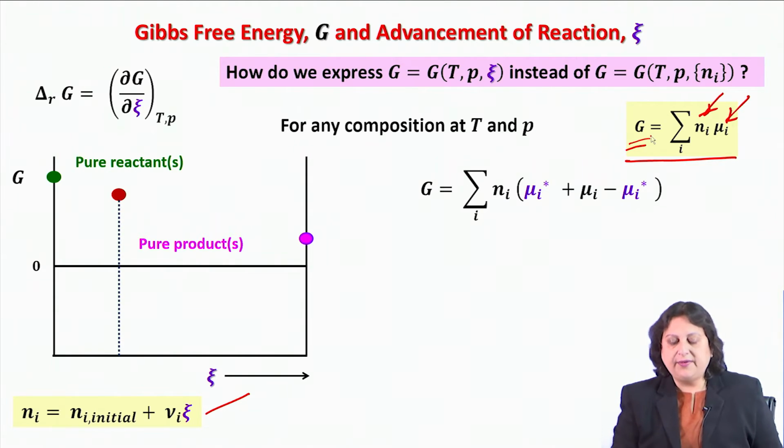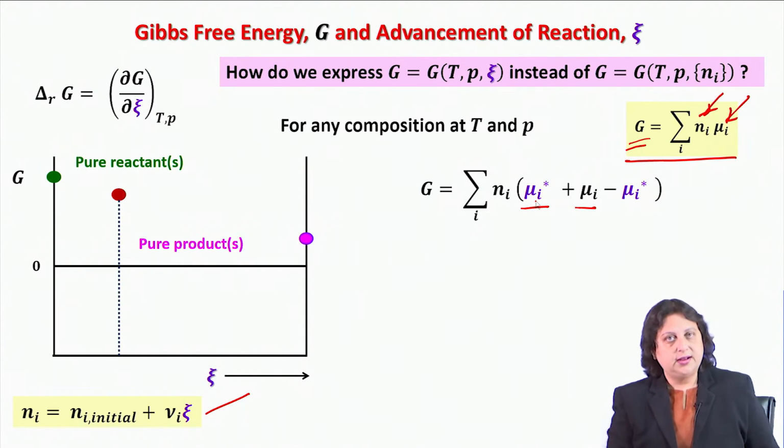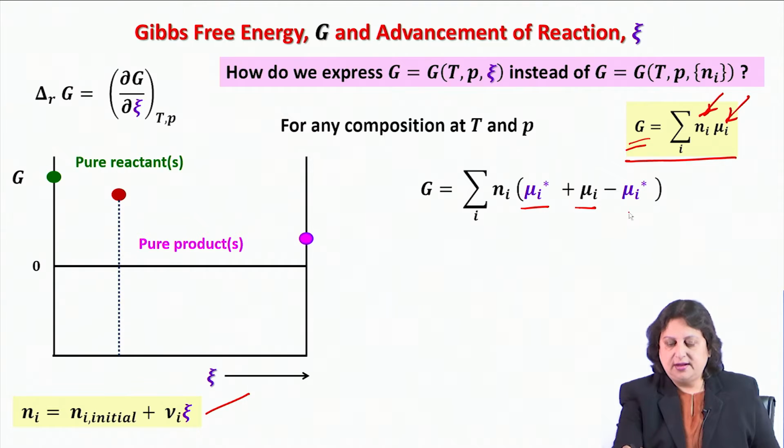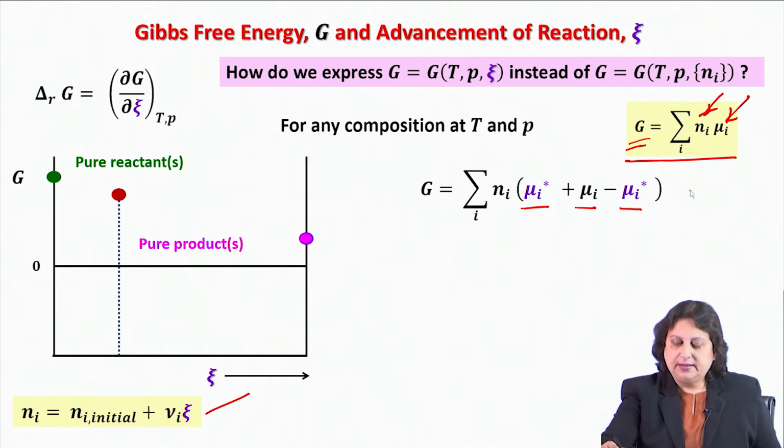Here, what I have done is instead of just mu I, I have added mu I star, and since I have added mu I star, I will also have to deduct mu I star, to maintain this equation.